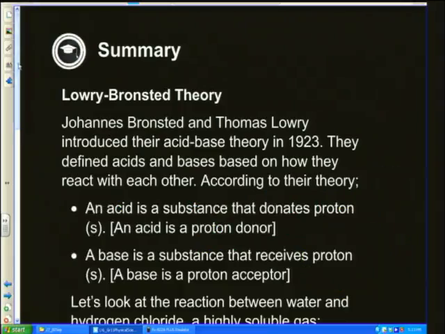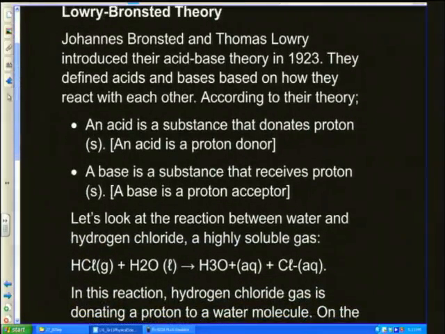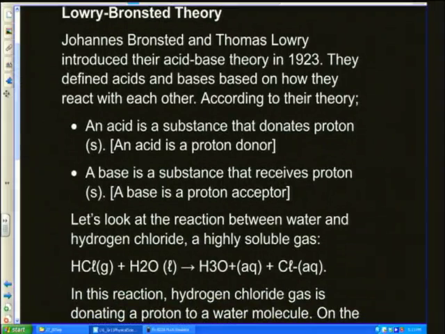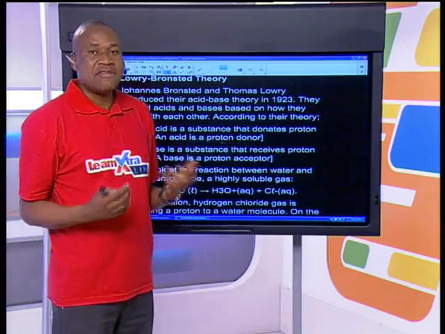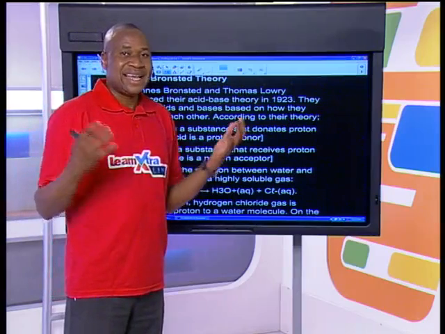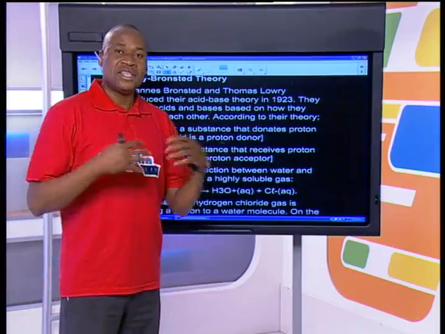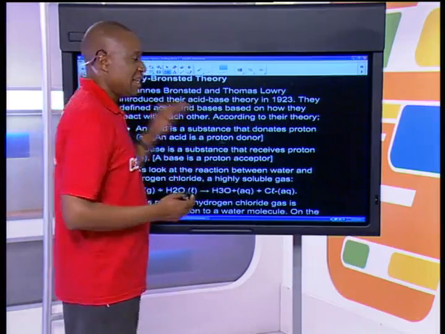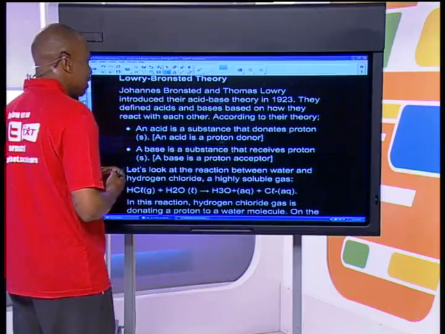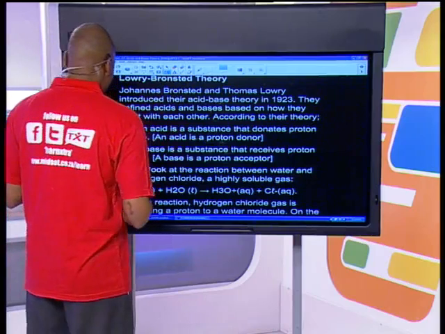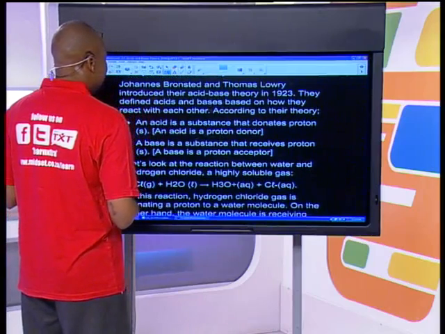Next we come to the Lowry-Bronsted theory. Now this is one theory that is so intense. It is of course built up from Arrhenius theory, but it doesn't mean we need to throw away Arrhenius theory completely, because it has its own significance. But let's look at what Lowry-Bronsted is saying about acids and bases.